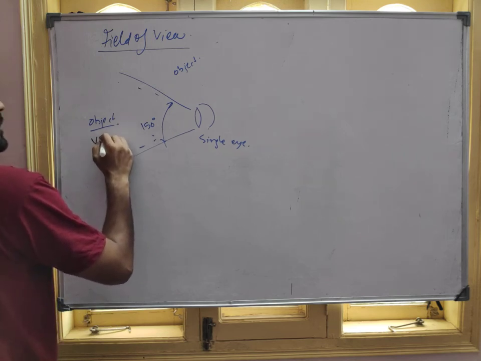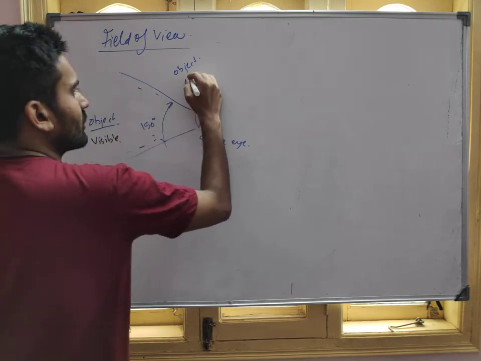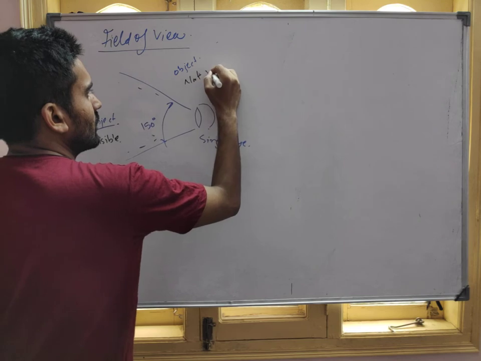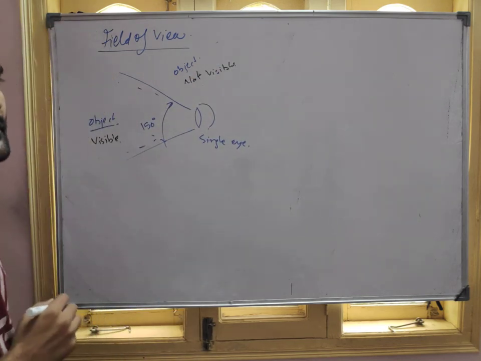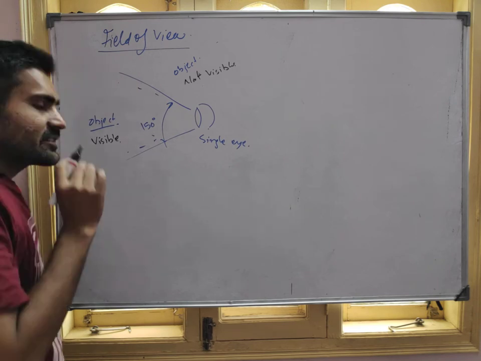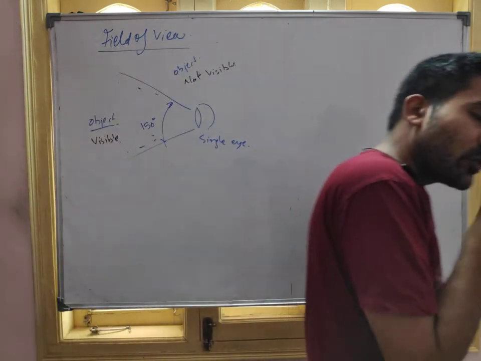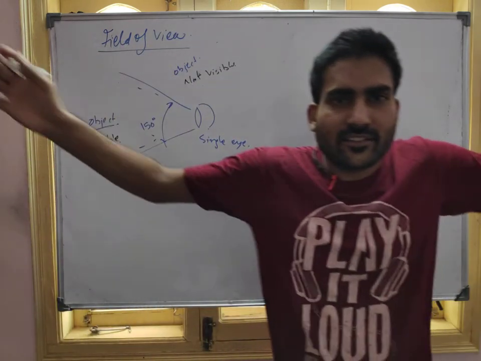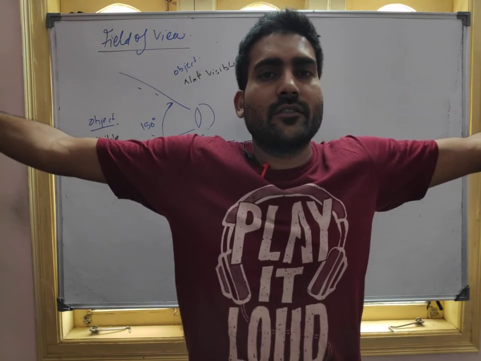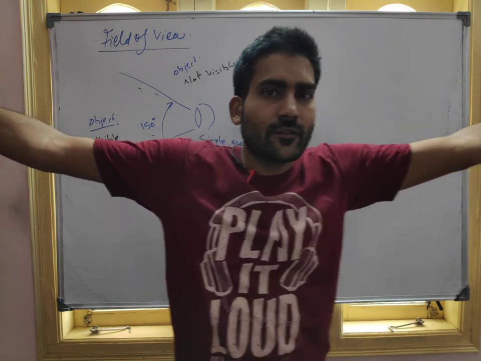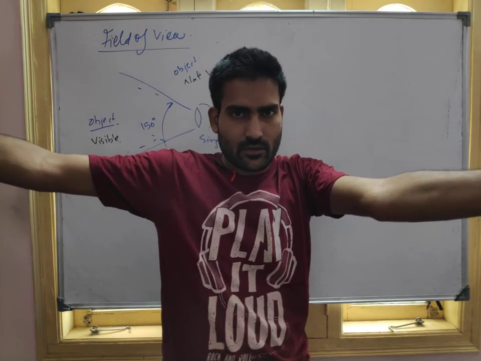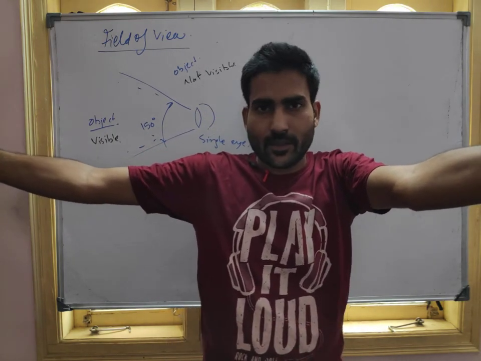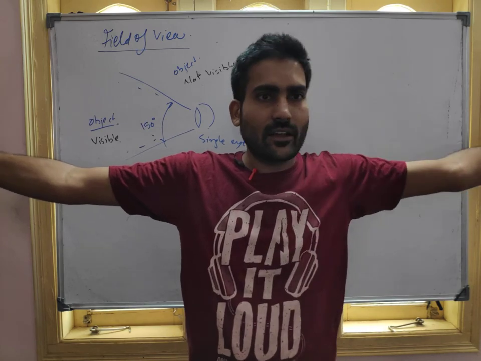This is visible, and this is not visible. Okay? Now, surprisingly, if we have two eyes, we can see like this. For a single eye, we can see only up to this. But if we have two eyes, we can see much more.